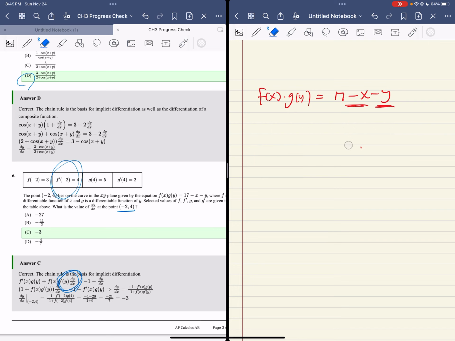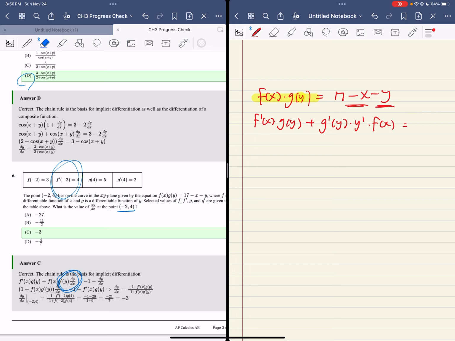Okay, so here, let me do it again. Do you see this one is in terms of y? So when I do the product rule, it's f prime of x times g of y, plus g prime of y times y prime times f of x.